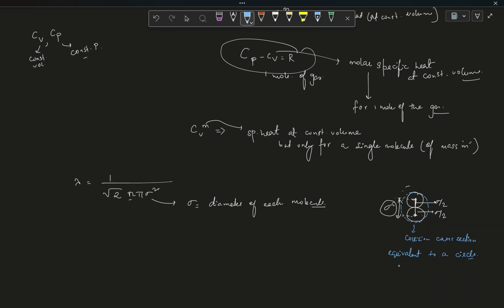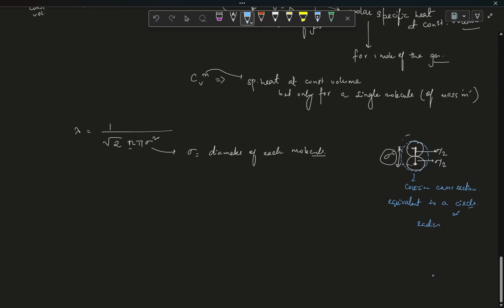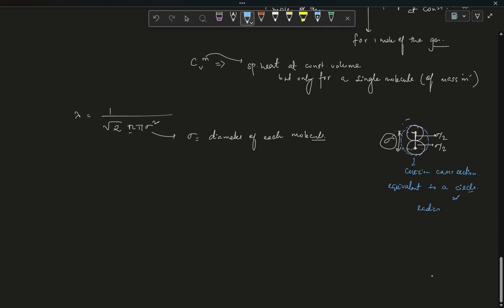And that circle has a radius of sigma. The drawing is not very accurate, so just try and understand what I'm trying to explain here.